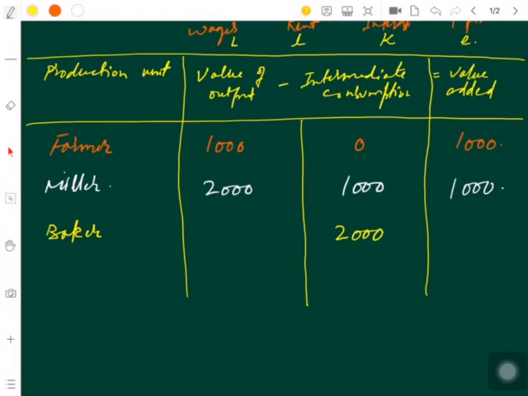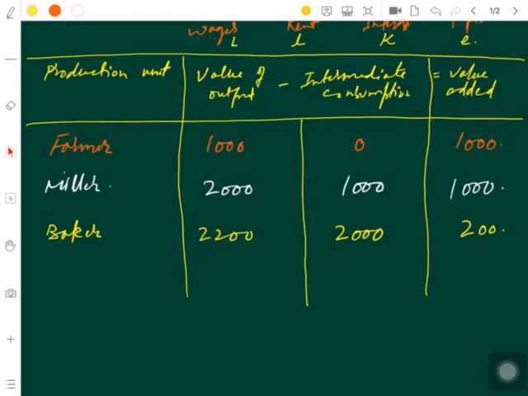Let us say he turned it into confectionery or bakery worth rupees 2200. So again, the value of output minus intermediate consumption will be 200 rupees here. So this is the value added by a baker.